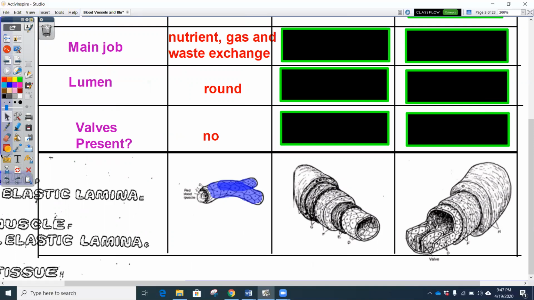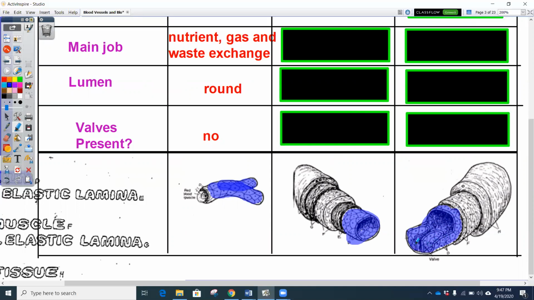So I'm going to use the same color and make the innermost lining of the artery in this picture. Oops. And the vein in this picture. Okay, so if you need to pause for a second and color this in, you can, but I'm going to color in the simple squamous epithelium of the vein and the artery.